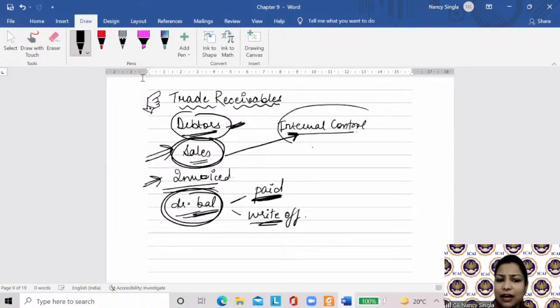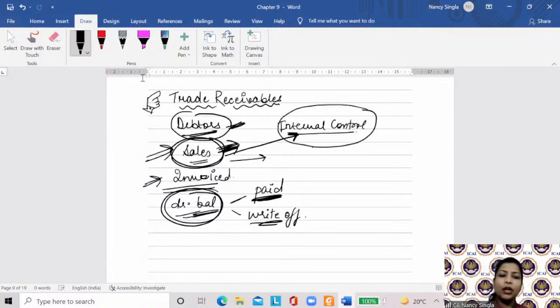So I will have to check the internal control. I will have to check the test of control with respect to sales. Why? Because unless and until sales are recorded properly, I cannot assure whether debtors are accounted for properly or not. ठीक है? Sales का recording properly होगा, तभी तो debtors का भी recording properly आएगा.